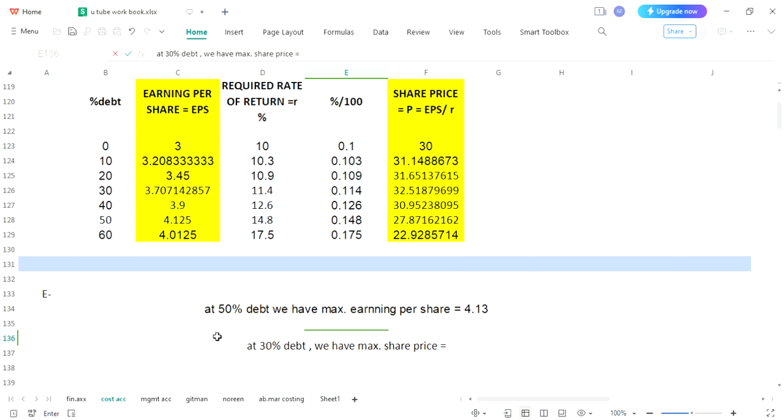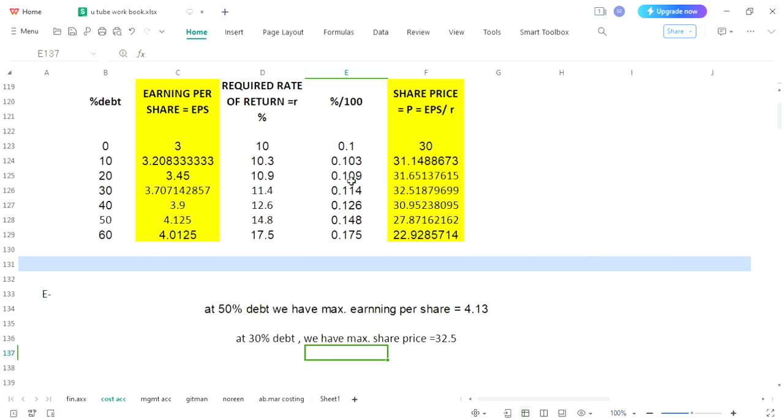Maximum share price was 32.5. So in this way, we will recommend that we do not take debt more than 30% if we are following share price. And if we are following EPS, we recommend that we do not take debt more than 50%. So in this way, we have completed our statement regarding part E.